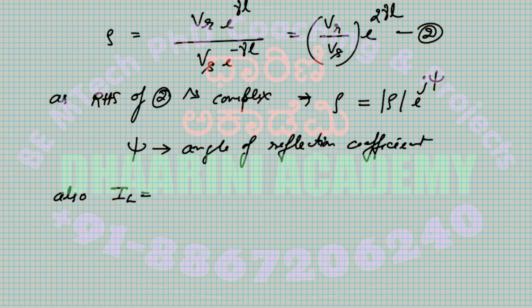ZL can be written in that way, but when I try to write the IL at any point on the line, it may be source, the load, or any point on that, you have to use Z naught, because Z naught is the ratio of voltage to current. Correct? Right. So let me try to write that. This IL is equal to, so this is Vs e to the power minus gamma L. How do I write this now?